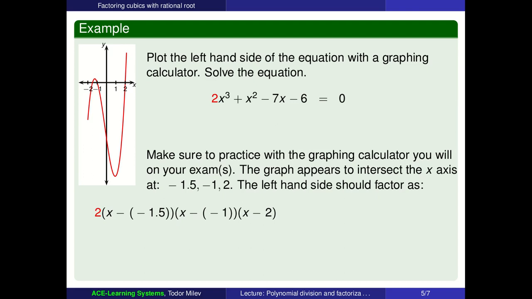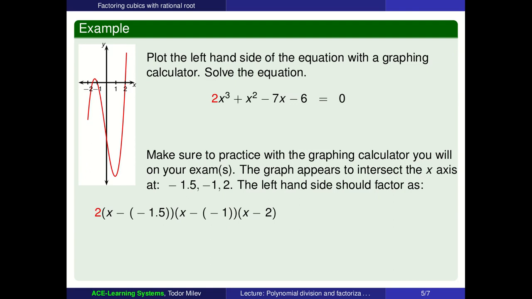So it seems that our eyes are not deceiving us. It seems that we have correctly eyeballed the factorization. But how can we be sure? Maybe our graphing device is deceiving us, and maybe the graph, if we zoom, will not pass through the points minus 1.5, minus 1 and 2.